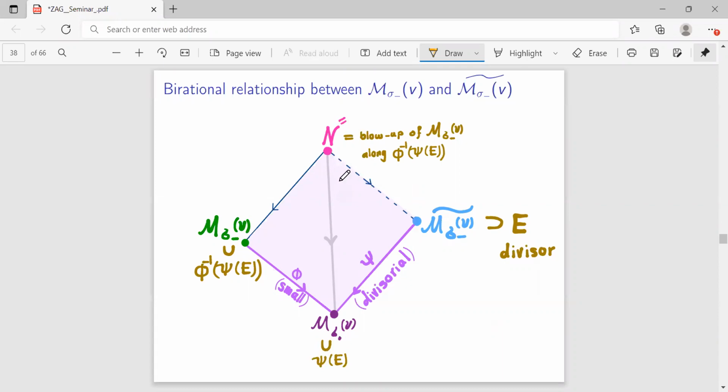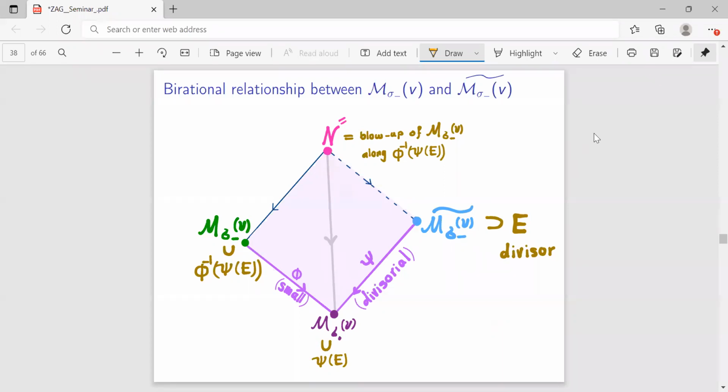You can check this. In the category of all varieties over this, with the property that the pullback of this is Cartier, the blow-up of that is just the final object. So that's why we have this map from N double prime to this space. That's how you can relate these two spaces, which are supposed to be birational, to each other via this third space that we just constructed.